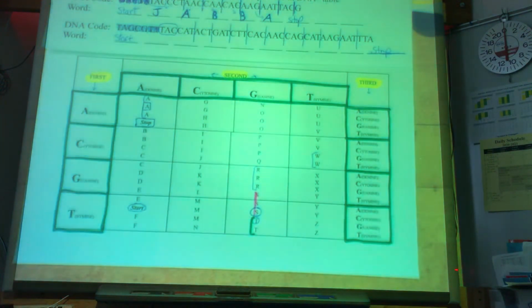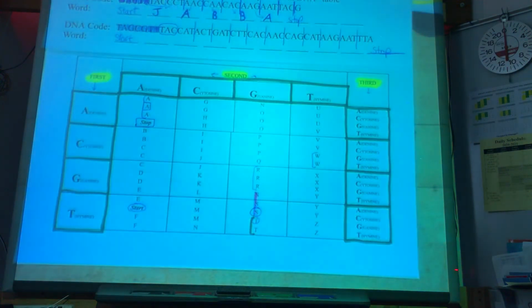And then the final letter is a T. My third letter is a T. We come all the way across.